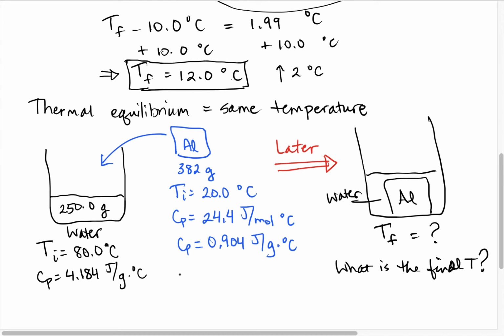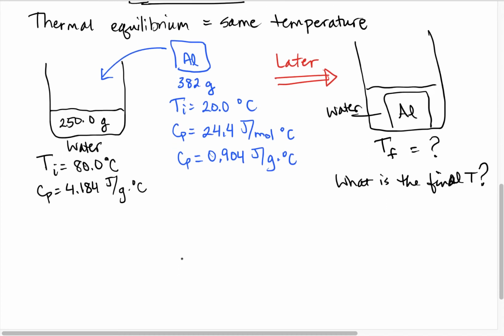So let's think about what's going to happen. The water is hotter than the aluminum, so our water is going to transfer some of its heat energy into the aluminum. So the Q water will be negative, and the Q aluminum will be positive, and these two will be equal with opposite signs.